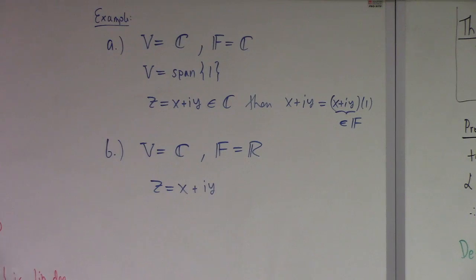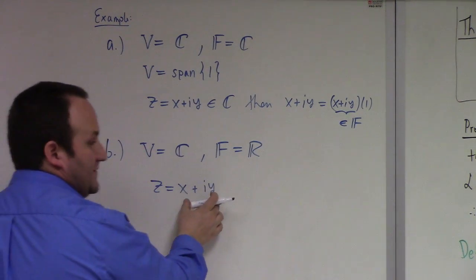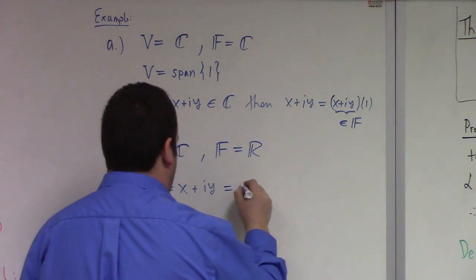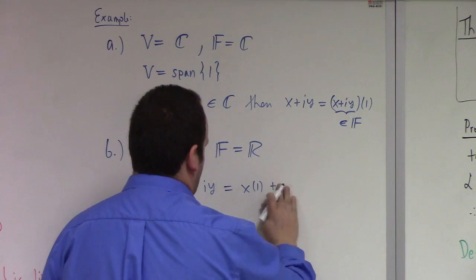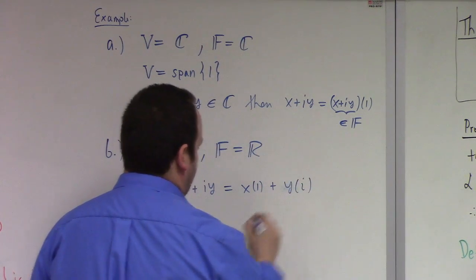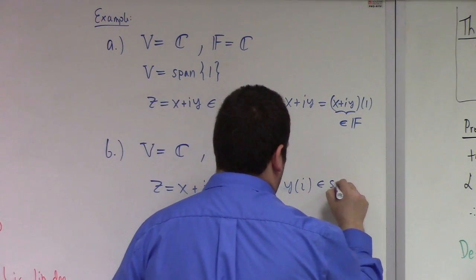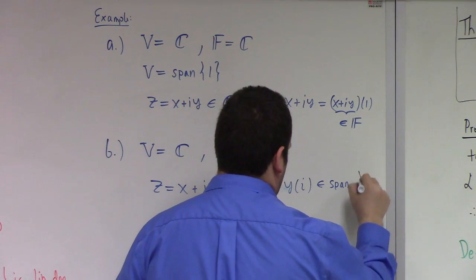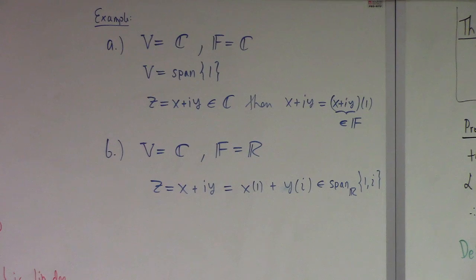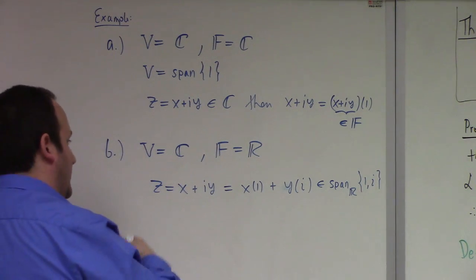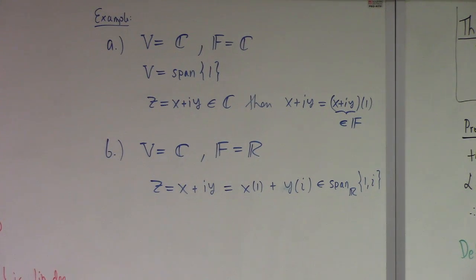But if my field is the reals, I can't do that, and I'm stuck with this. What I have is X times 1 plus Y times I. So this is an element of the span over the reals of 1 and I. So a basis for the complex numbers as a real vector space is in fact 1 and I.